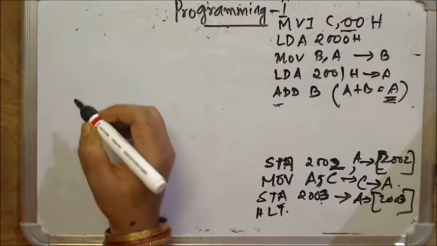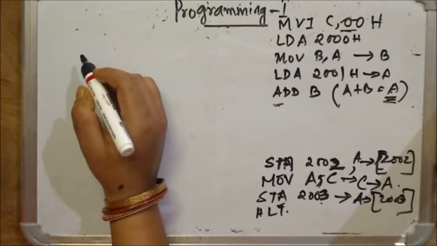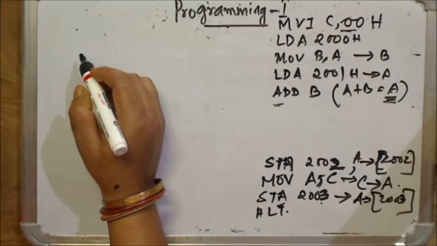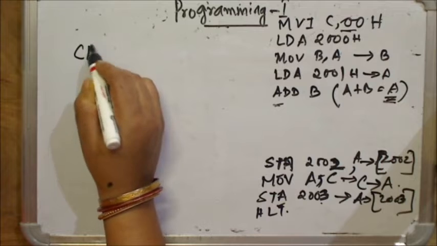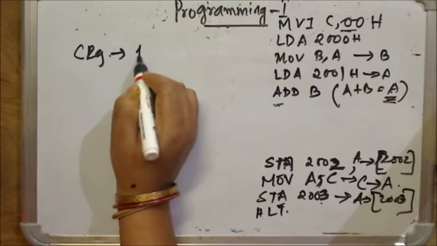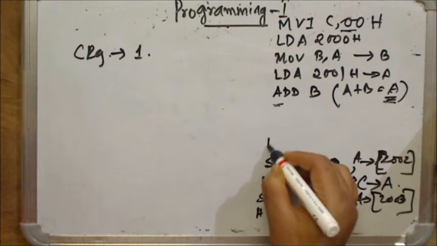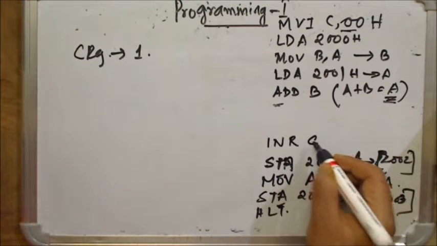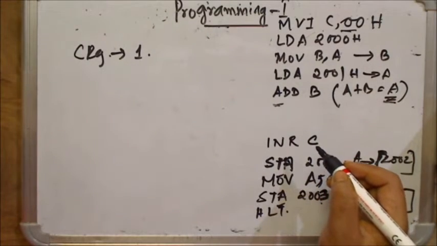But now I have to handle two cases. In the first case, if there is a carry, what will happen? The C register will become 1. If there is a carry, then C register will become 1 by INR C. So INR C should be written only if there is a carry.